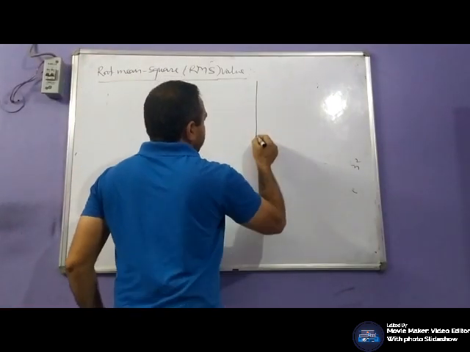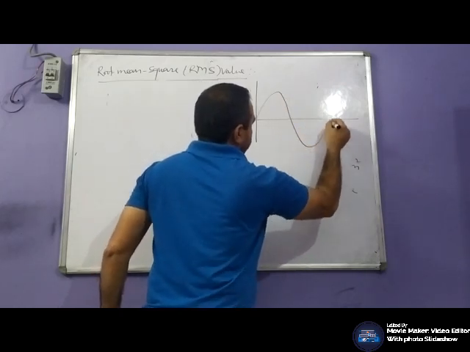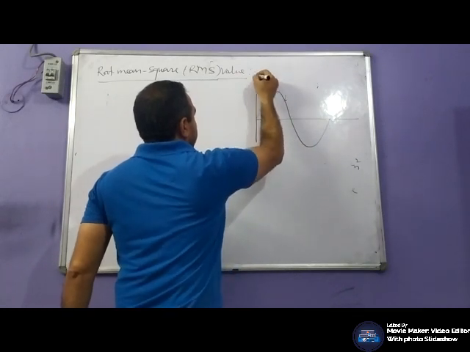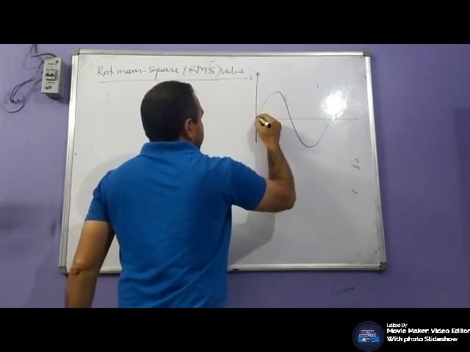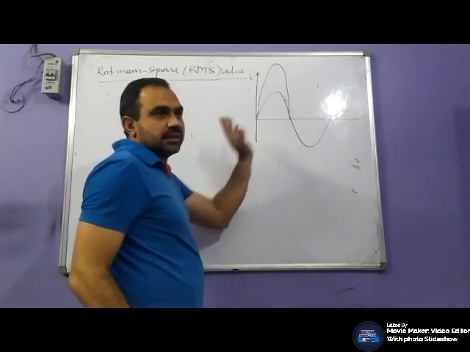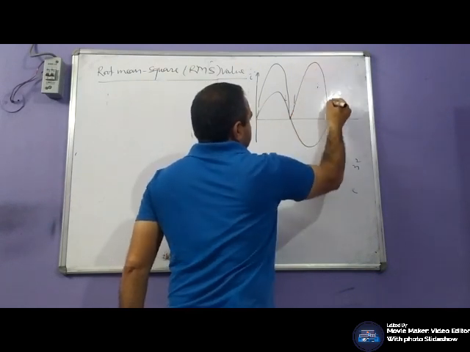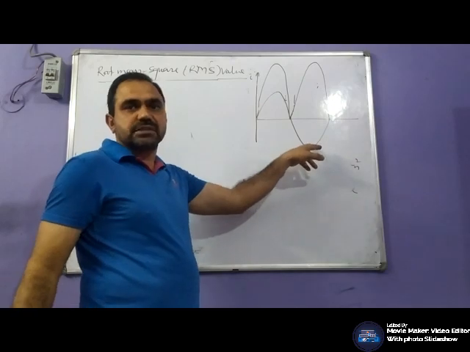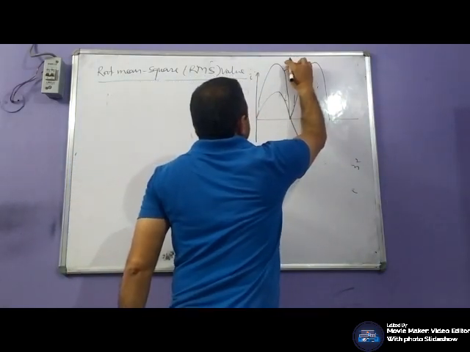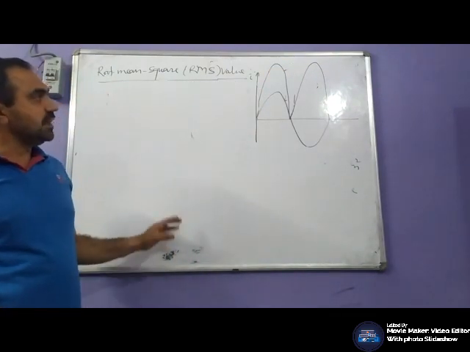Let us consider an alternating quantity, let this be the current I, and this will be the wave shape of the squared wave. In the negative half cycle, the square of a negative is positive. So what will be the RMS value?